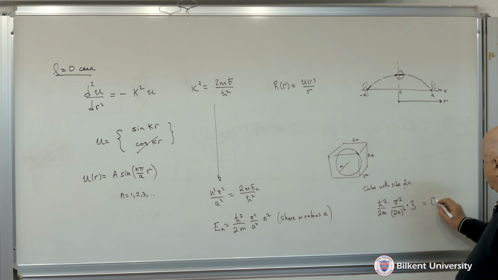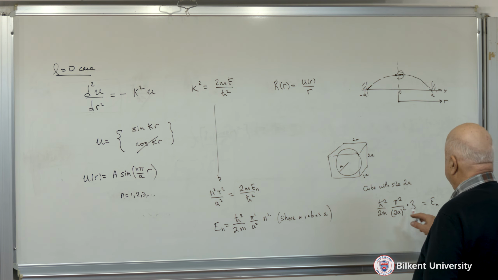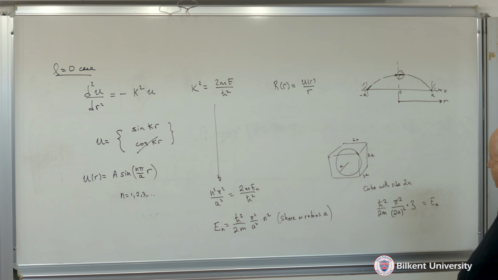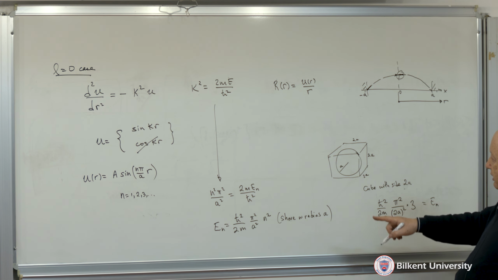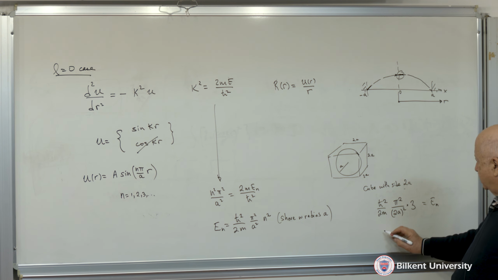That would be the En for the cubic box. In this case, I solved the Schrödinger equation separately for those 3 directions, and that's what I get. So it's almost the same. You see I have pi squared over a squared here, and here I have the same object, pi squared over a squared, but with a factor of 3 over 4.